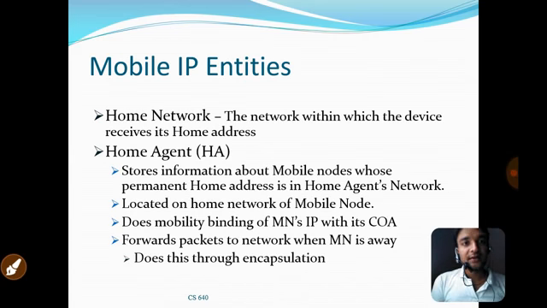You got the point. When you move from your home place to the foreign place, the foreign agent will give you a care of address, and that care of address is also sent to your home network. So when someone sends something to your fixed IP, your home agent will forward those packets to the COA, meaning care of address, and thus you will be easily communicating with that device from which you want to communicate.